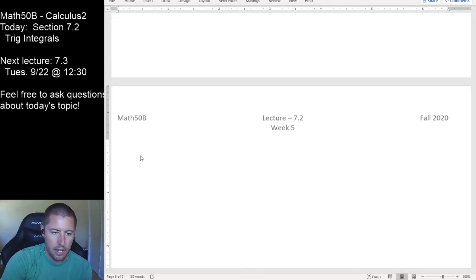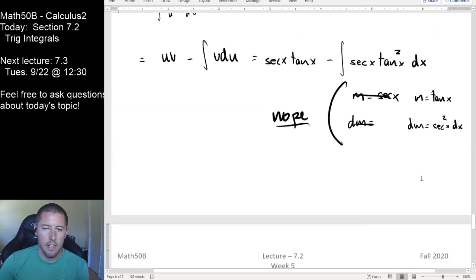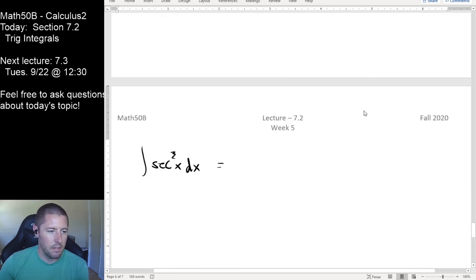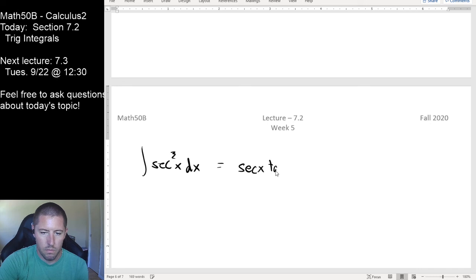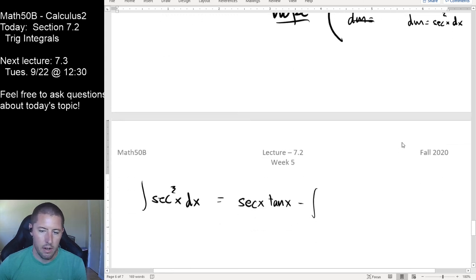We're currently trying to evaluate the integral of secant cubed of x dx. How we've currently got it written is as secant tangent, I'm just rewriting this right here, secant tangent minus the integral of secant tangent squared.